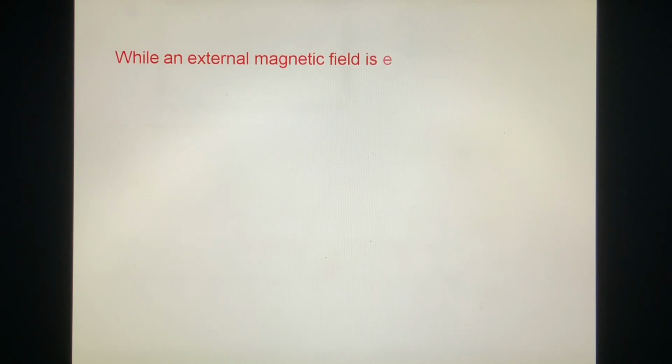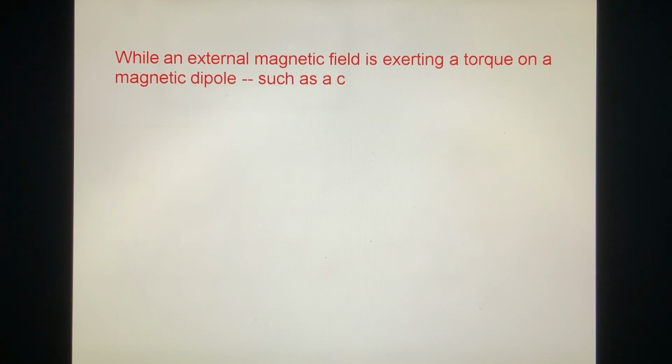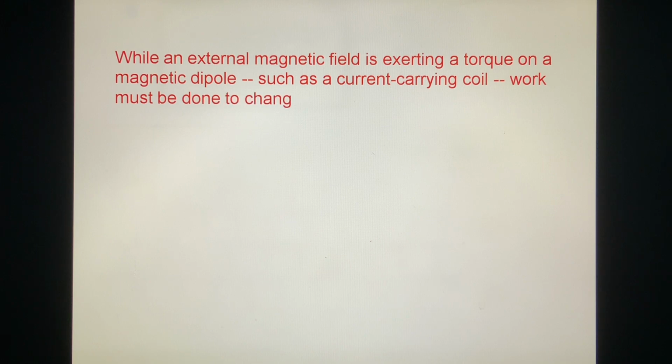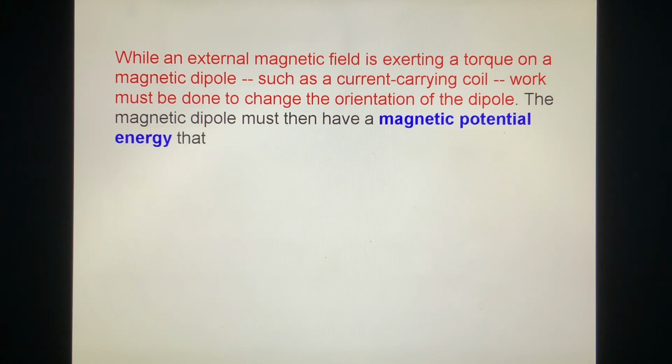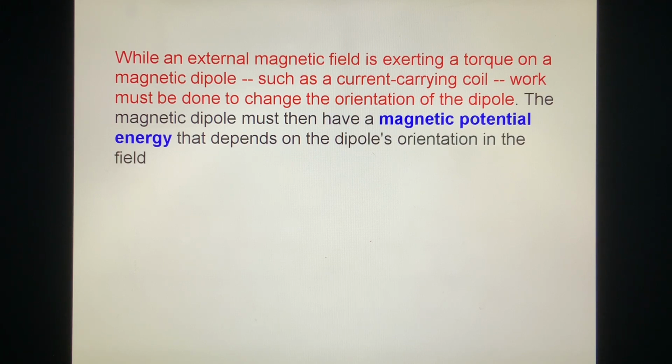An external magnetic field exerts a torque on a magnetic dipole, such as a current carrying coil, so work must be done to change the orientation of the dipole. The magnetic dipole must then have a magnetic potential energy that depends on the dipole's orientation in the field.